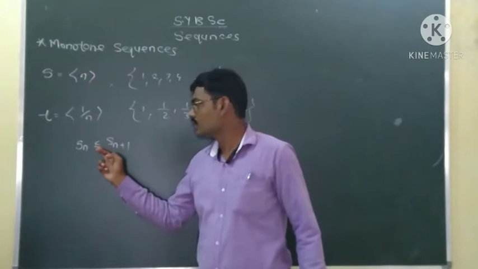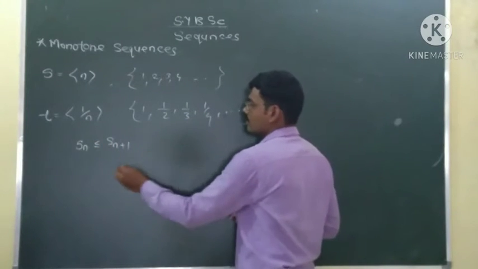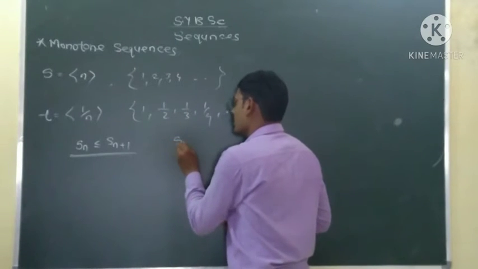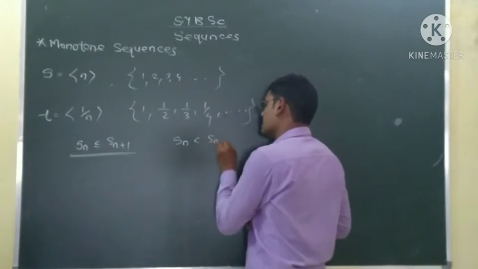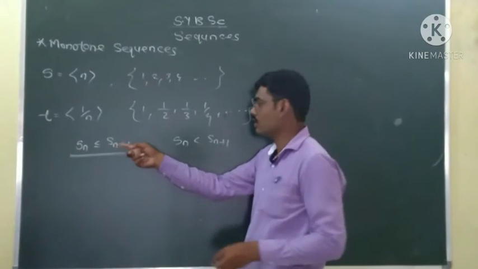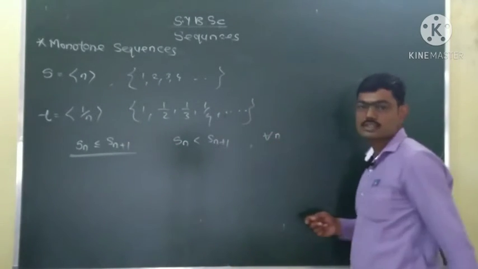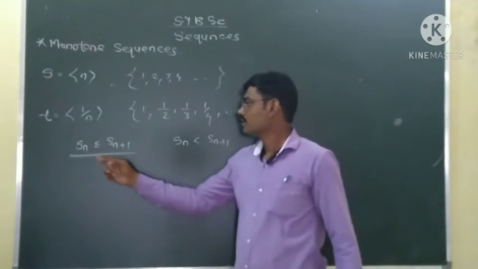If there is no equality, we write Sn is strictly less than Sn plus 1. This is valid for all n, for all terms of the sequence.